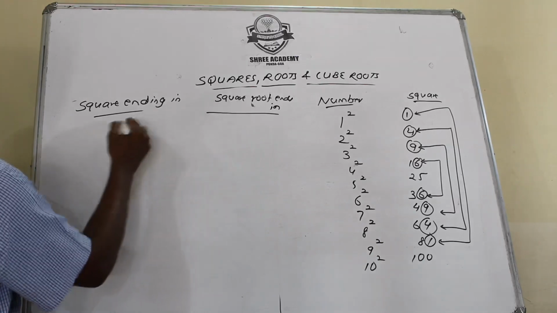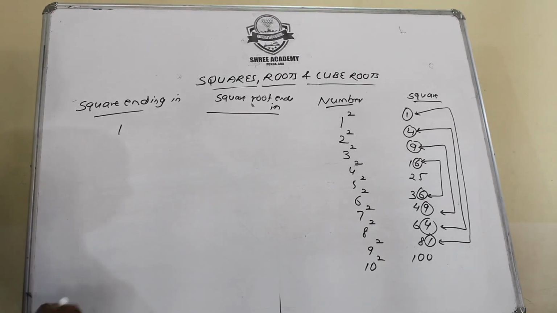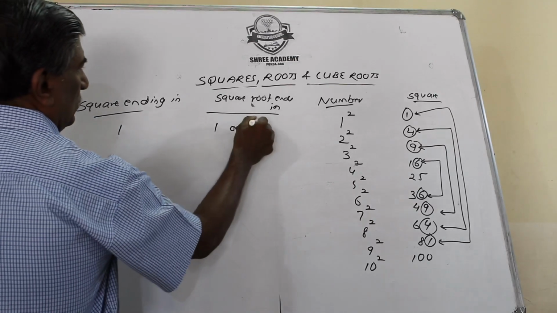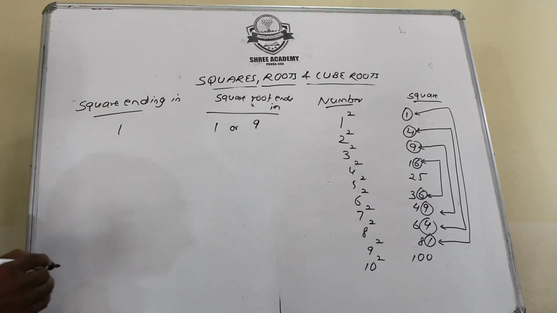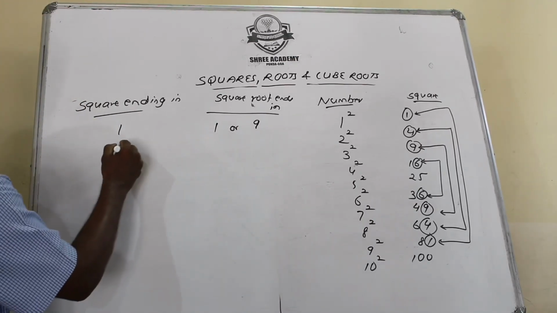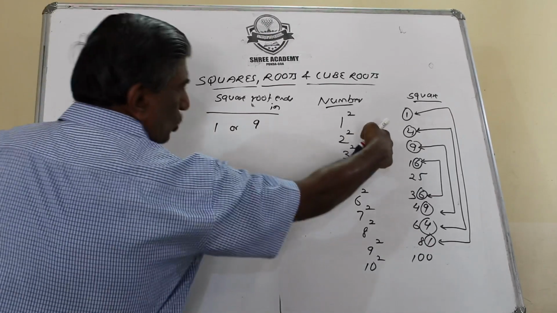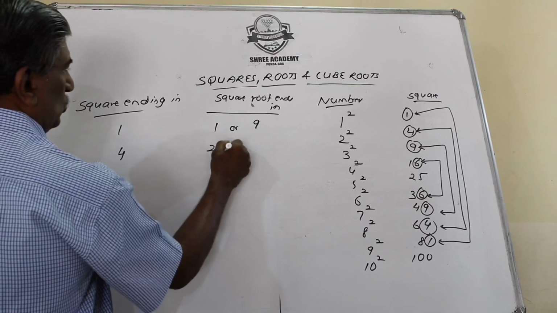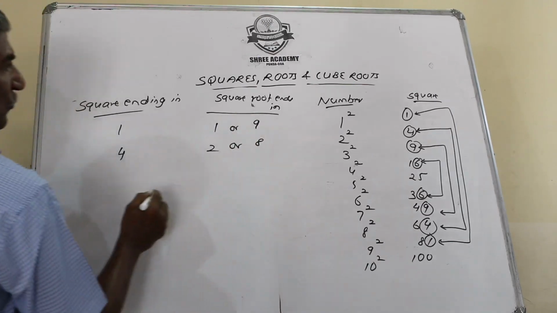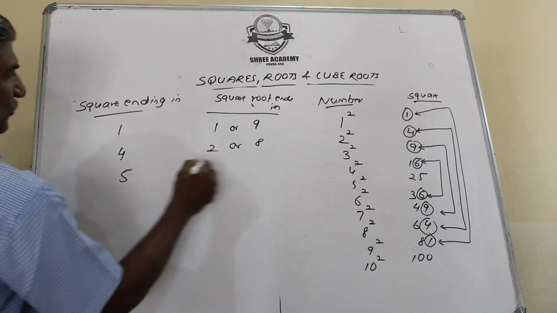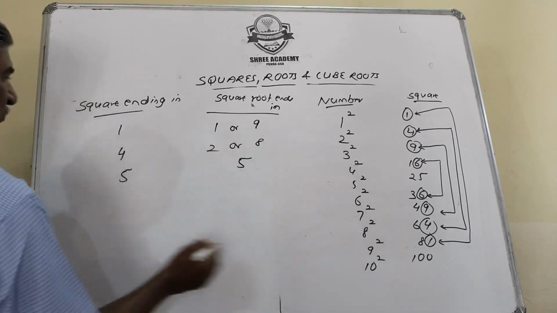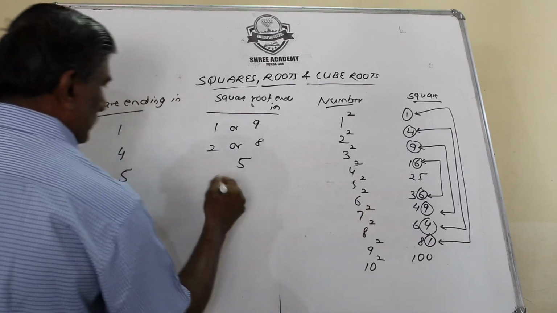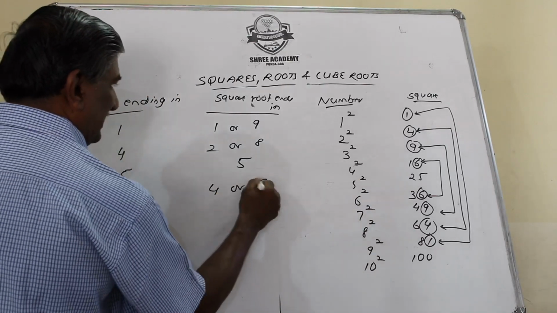Now see here, if the square ends in 1, what are the options for you? 1 or 9. A square will never end in 2 and 3. When a square ends in 4, the options for you are 2 or 8. When a square ends in 5, the only option is 5. When a square ends in 6, the options are 4 or 6.